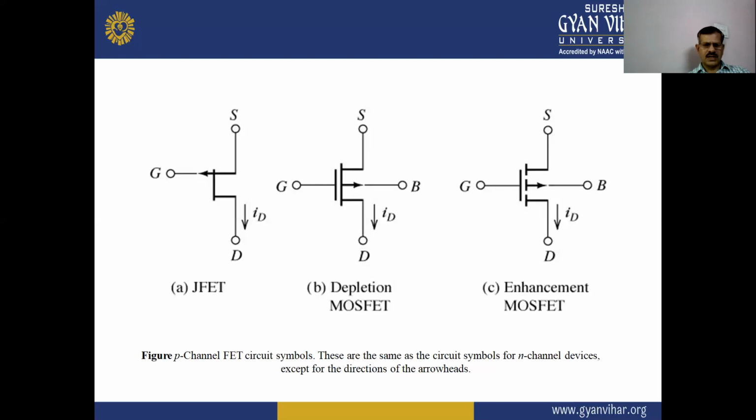In these figures, the P-channel FET circuit symbols are the same as the circuit symbol for N-channel device, except for the direction of the arrowheads. First symbol is for the JFET, second symbol for the depletion MOSFET, and third symbol for the enhancement MOSFET.